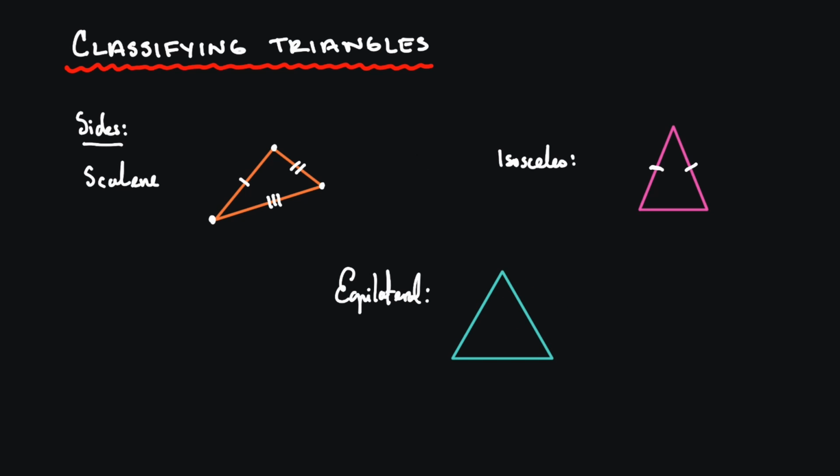The way I draw it means that these three sides have the same length. So I use three marks of the same type to point out that these three have the same length. So an equilateral triangle is a triangle that has all its sides congruent. The three sides are congruent.